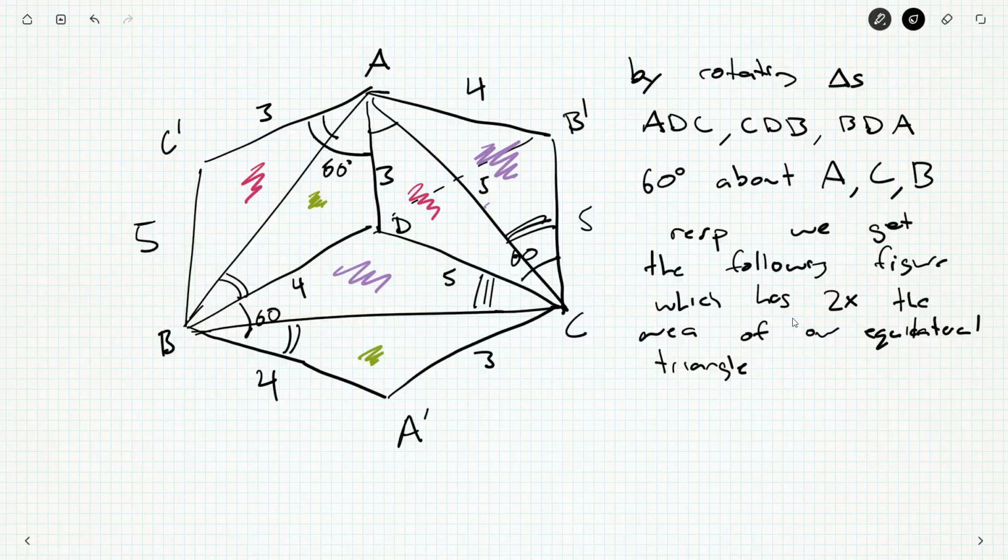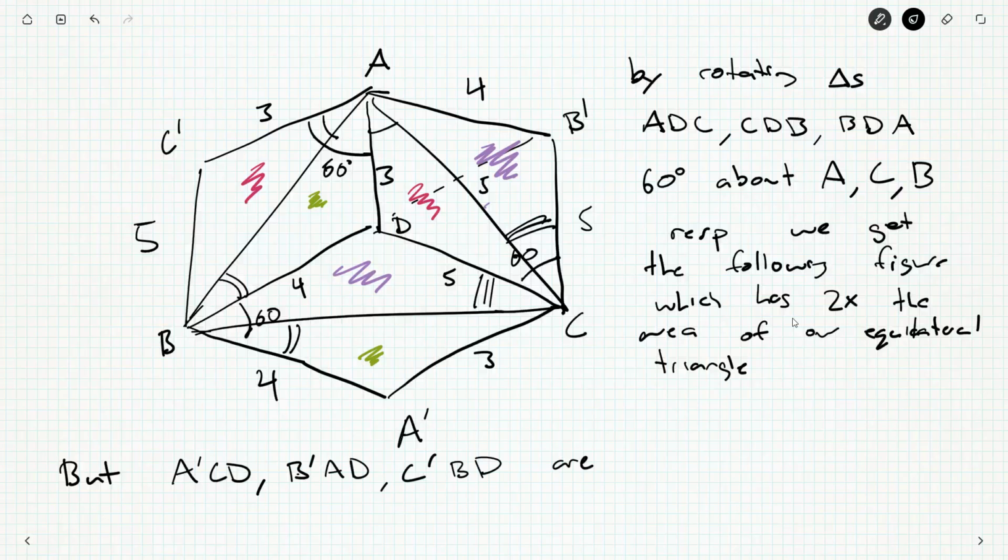Yeah, so I rotated CDB about C. Okay. But A prime CD, B prime AD, and C prime BD are right angled.